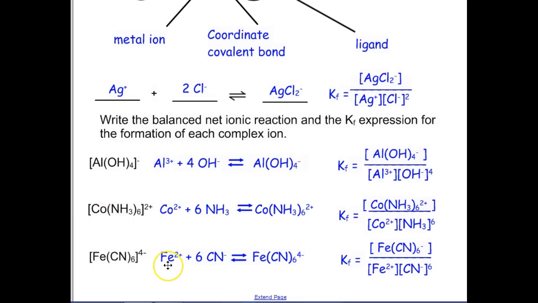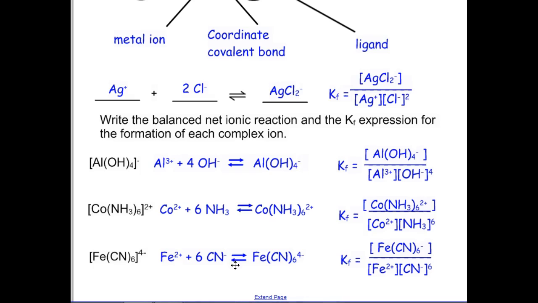And we figured out the charge on the iron ion because cyanide is a -1, the whole thing is a -4, so only a +2 and -6 would equal -4. So this is how we write the KF for the formation of complex ions from a free metal ion and ligands. But what we were talking about is dissolving precipitates.